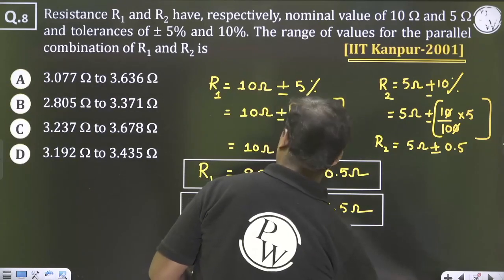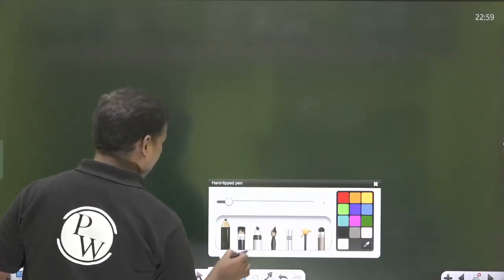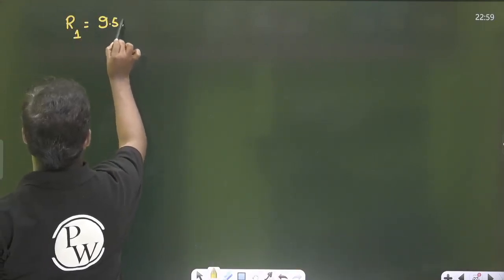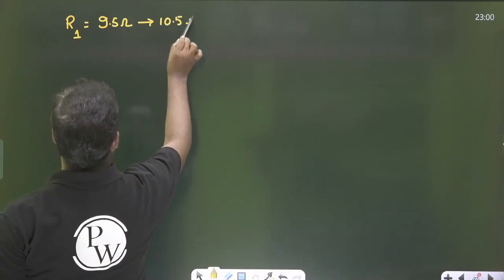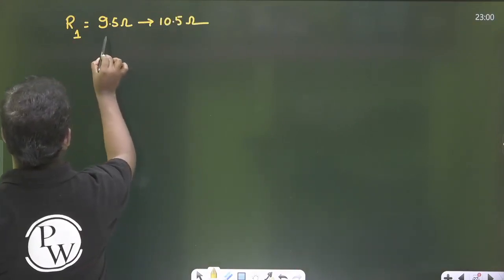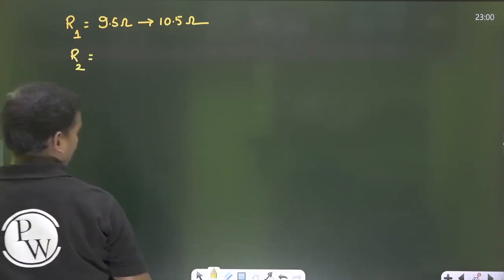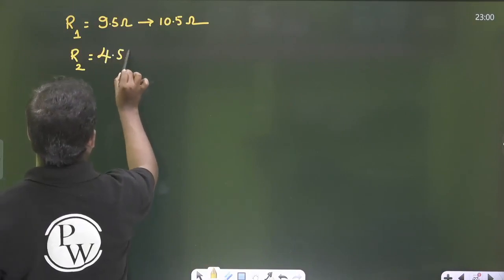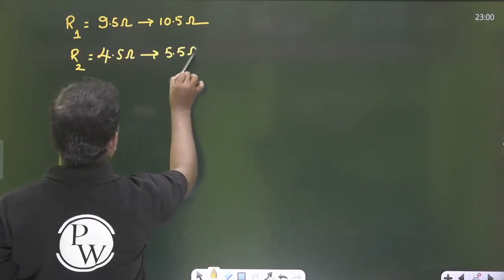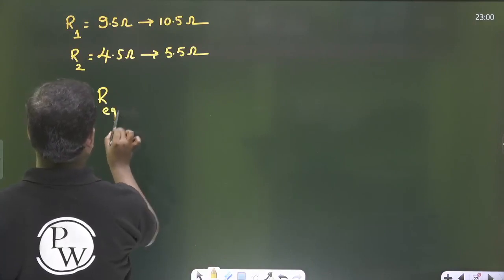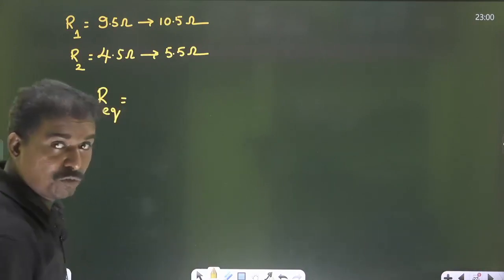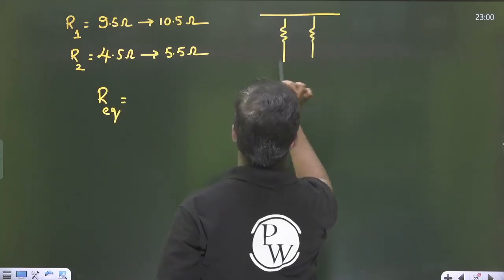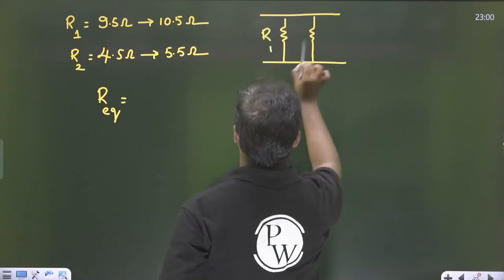Let me take R1 as 9.5 ohms to 10.5 ohms, and R2 as 4.5 ohms to 5.5 ohms. So what is the R equivalent? R equivalent is equal to R1 R2 by R1 plus R2 for parallel combination. So these two resistors are in parallel. This is R1, this is R2.